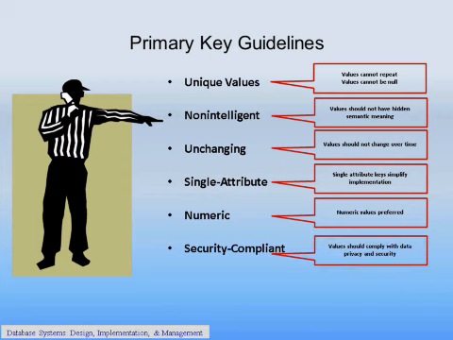Security compliant. This means that the selected primary key must not be composed of any attribute or attributes that might be considered a security risk or violation. For example, it is not wise to use a social security number as a primary key in an employee table.